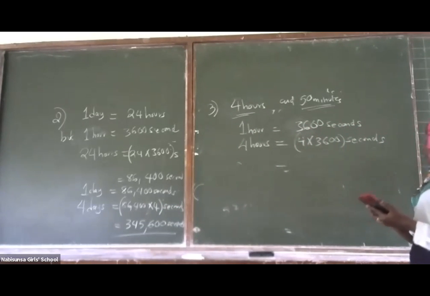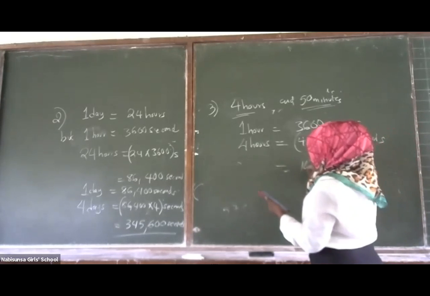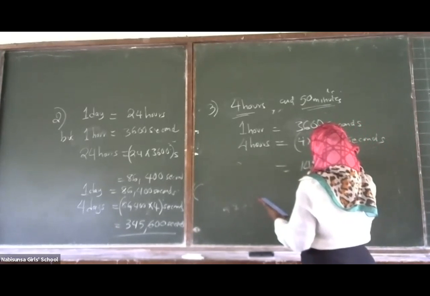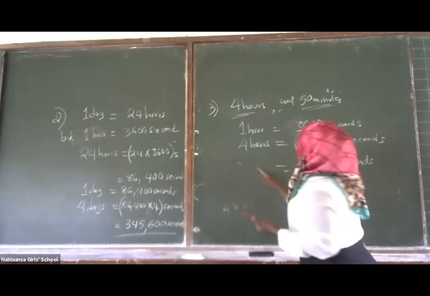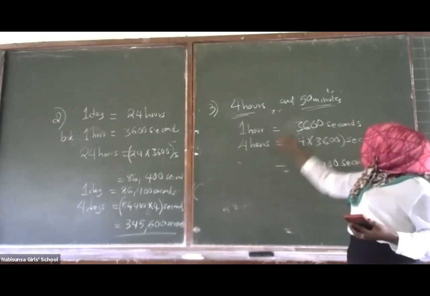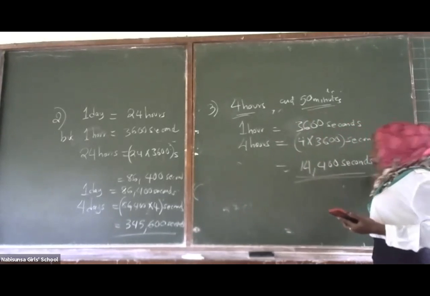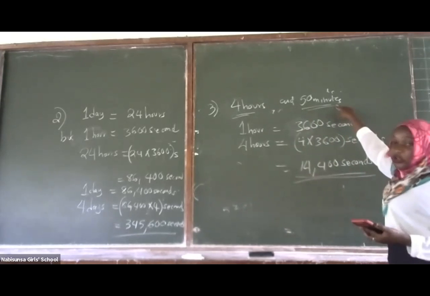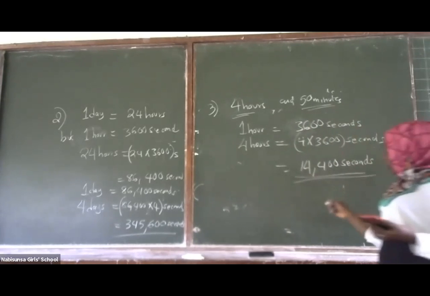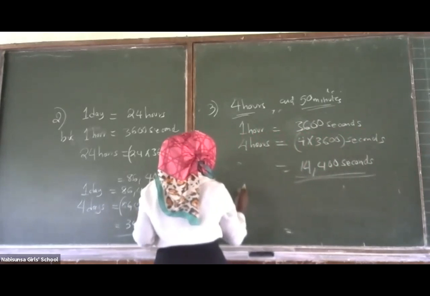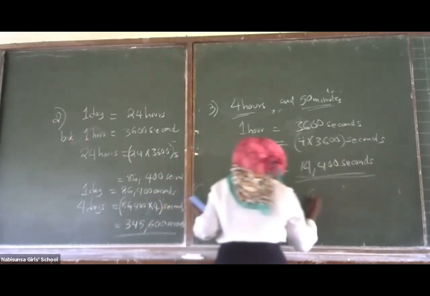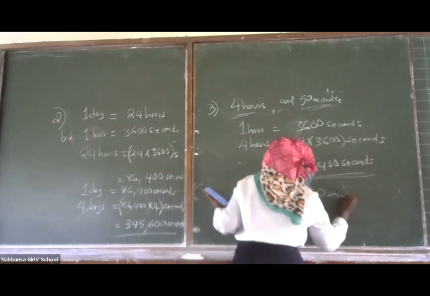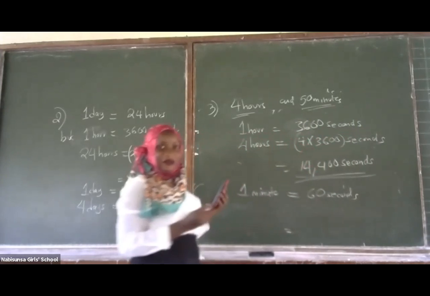Which will give us, for those with calculators, 4 times 3,600, 14,400 seconds. So now we have changed the 4 hours into seconds. So let's keep our answer. Now let's also change the 50 minutes into seconds. So we know that 1 minute has 60 seconds.